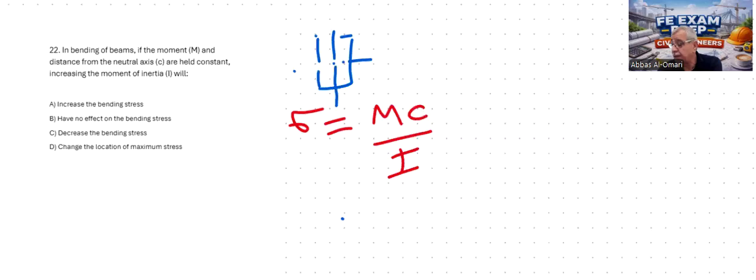So the stress varies in the two directions as we go up and down. One section there is tension and one section there is compression. In the upper section, there is compression, and in the lower part of the cross section there is tension.